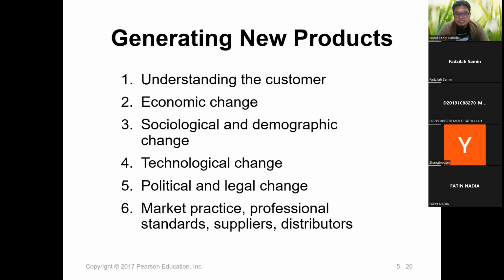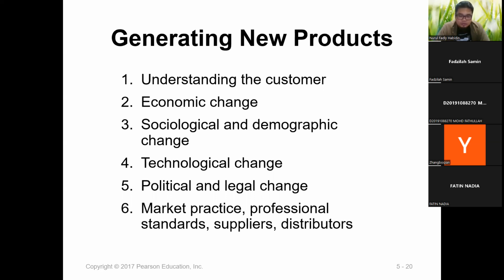Okay, a political and legal change. You need to make sure that the technology will run smoothly. Every technology is also protected by legal, so you should know how the technology and the political and legal change will affect or support our proposal on the new product.